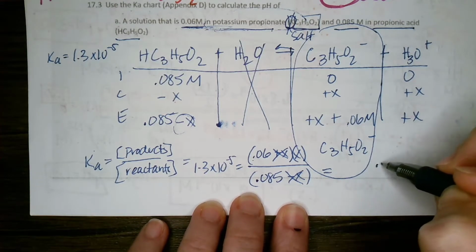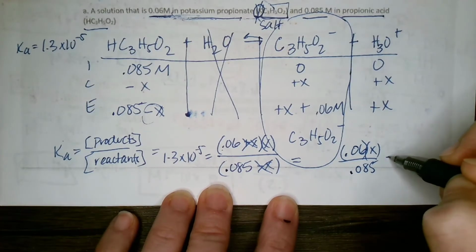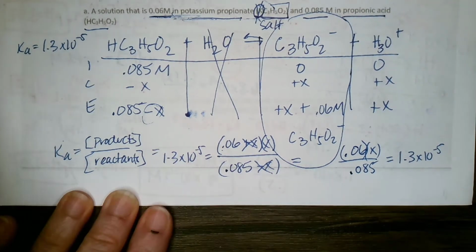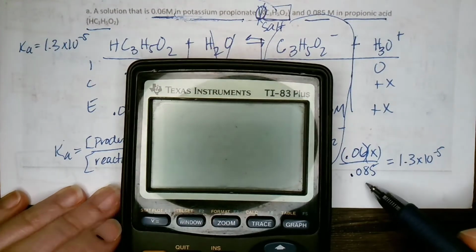So we're going to forget about those and rewrite this as 0.06X over 0.085 is equal to 1.3 times 10 to the negative 5th.